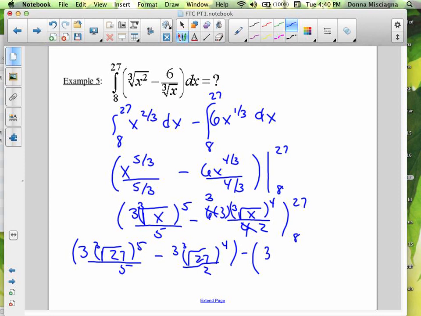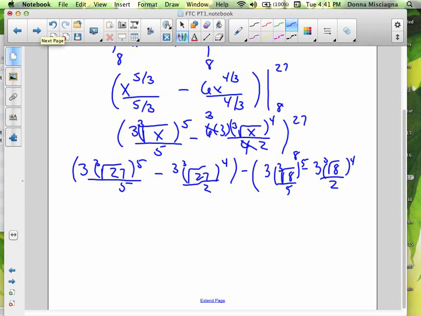So I have 3 times the cube root of 8 to the 5th power over 5, and then minus 3 times the cube root of 8 to the 4th power over 2.